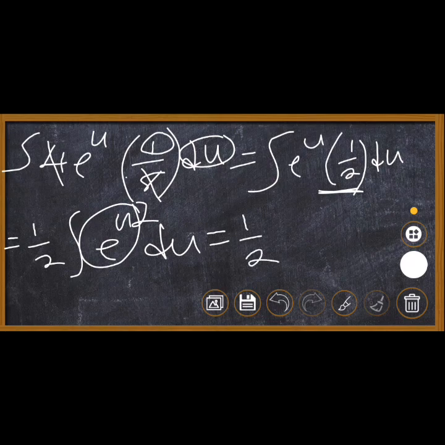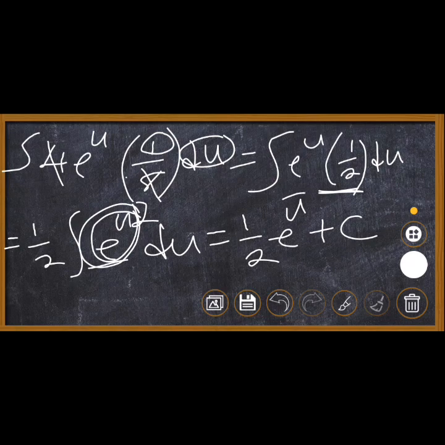According to this, you write the same function divided by the differentiated function of the power. When we differentiate the power, we have only 1 as the denominator. So when we divide e^u by 1, it's just e^u. So we have that, then plus the constant C.